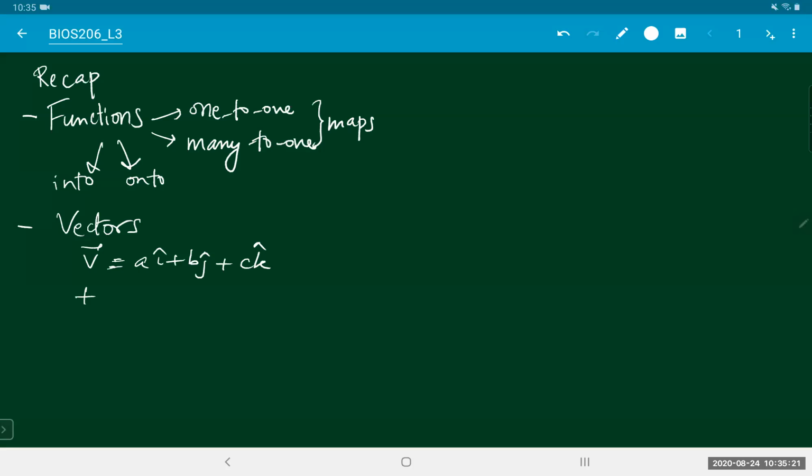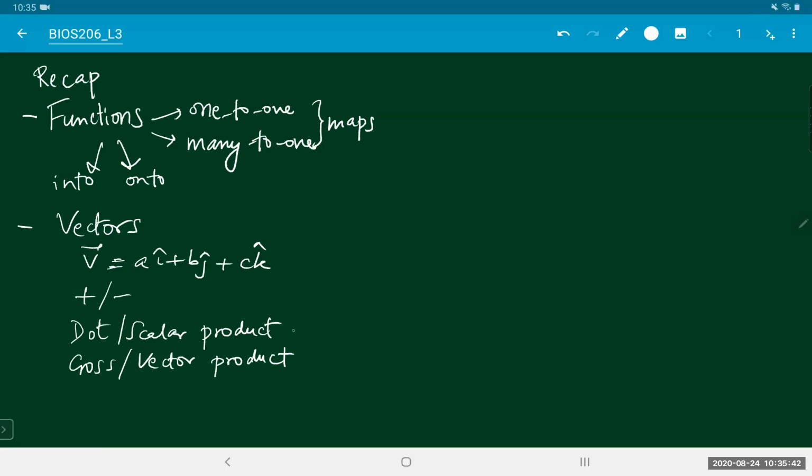Then we saw how to add and subtract vectors. We saw that if you want to multiply 2 vectors, you can either define the dot product or the scalar product, and you can also define the cross product or the vector product.